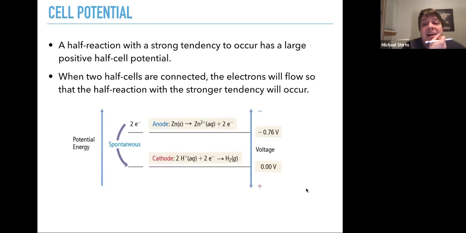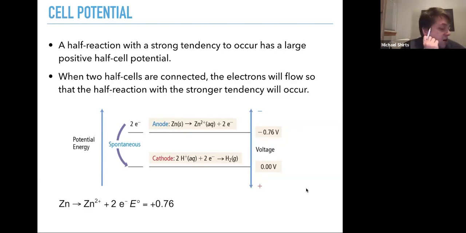So because the reduction potential from zinc 2+ to zinc is negative, the electrons want to get away from that. They want to get away from the negative and move to the positive. So they'll spontaneously move from the zinc, creating Zn2+, to the cathode, where they can join with H+ to produce H2. So in this case, the zinc is oxidizing because it has a negative potential with respect to the cathode, which has a zero potential.